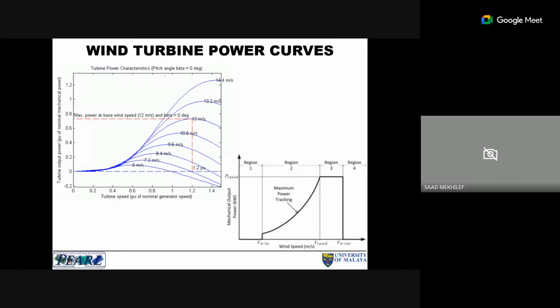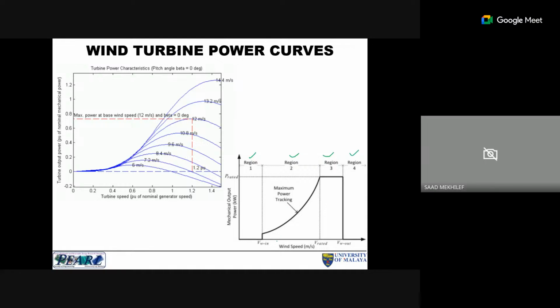I think it's very important to understand how this works. We have to understand the wind turbine power curve. Each wind turbine has a wind power curve, and this power curve consists of 4 regions: region 1, region 2, region 3, and region 4.